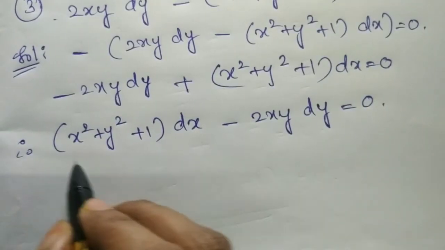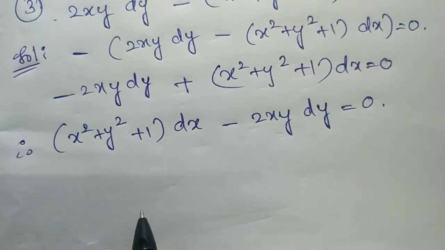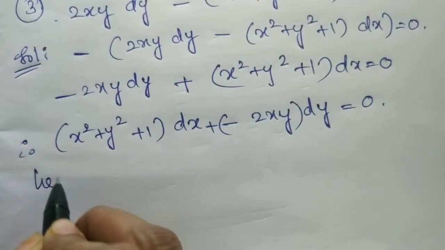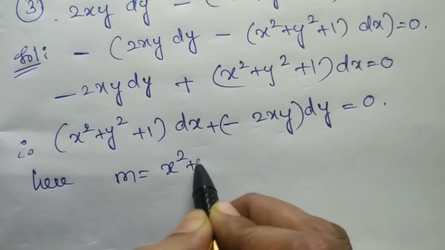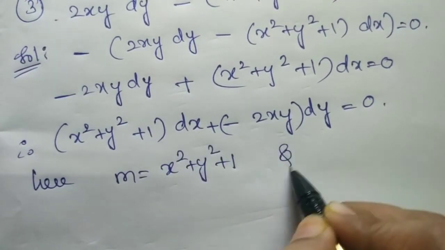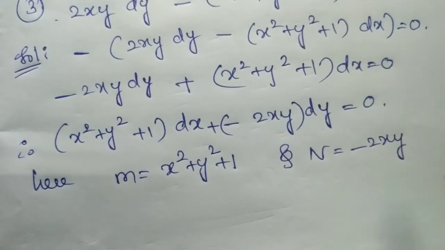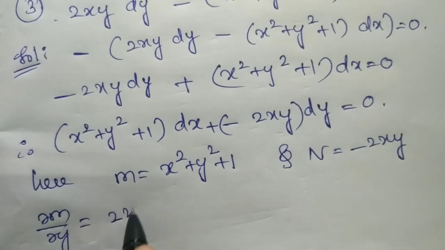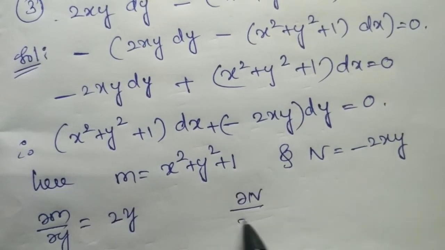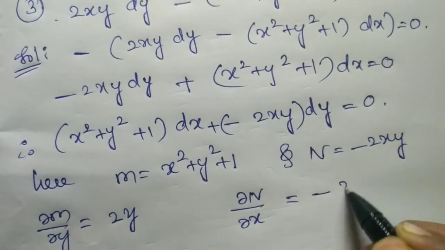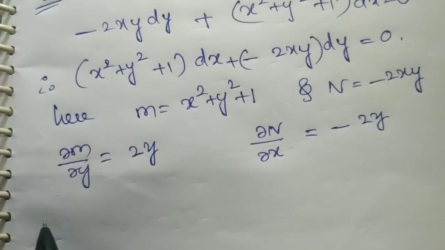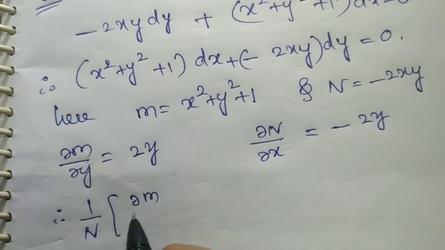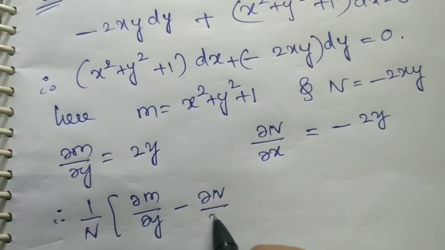So this is in the form of m dx plus n dy equal to 0. So here I am writing plus. Okay, so here m equal to x square plus y square plus 1 and n equal to minus 2xy. So dou m by dou y is 2y and dou n by dou x equal to minus 2y. Okay, so therefore condition is 1 by n of dou m by dou y minus dou n by dou x.